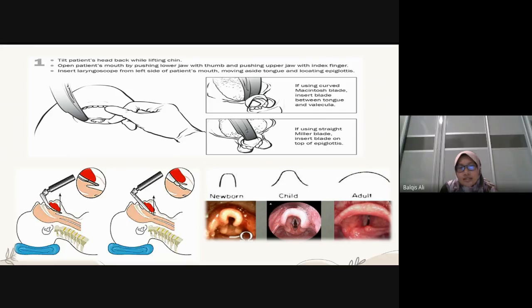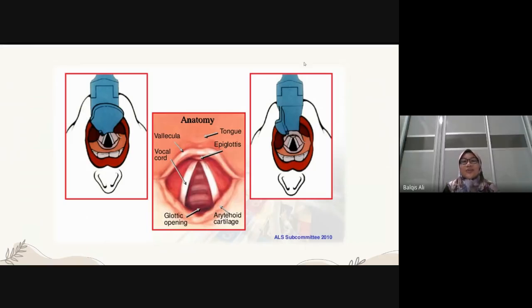But if you use a straight Miller blade, we put it on top of the epiglottis, at the tip of the epiglottis. This is how the anatomical structure of the epiglottis differs in different patients. Okay, this is how we see the inverted V of the vocal cords, and this is our target to insert the endotracheal tube.